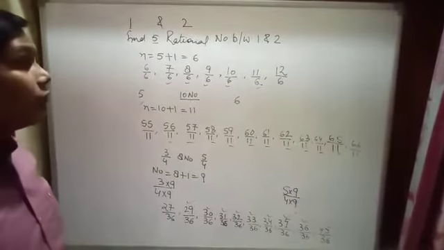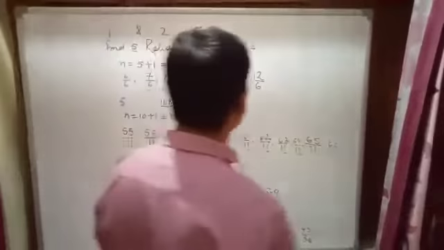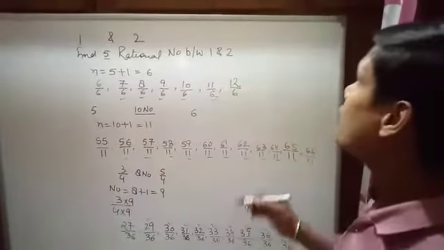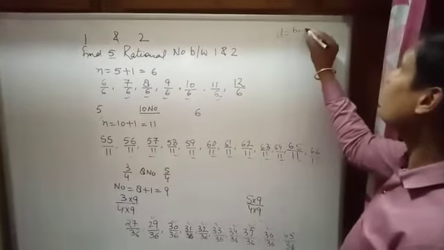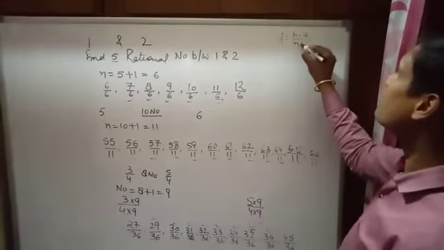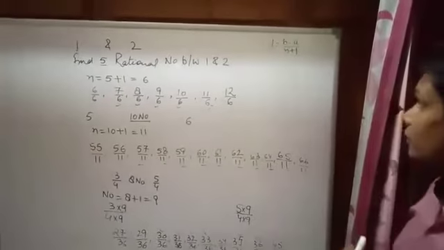This is the method. One more method is here to find the numbers between them. The formula is D is equal to B minus A upon N plus 1. This is the formula.